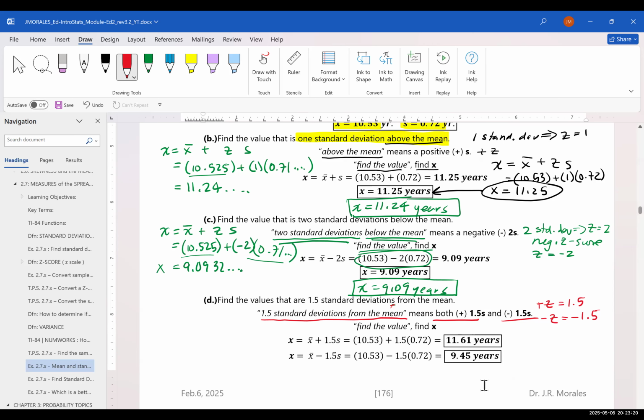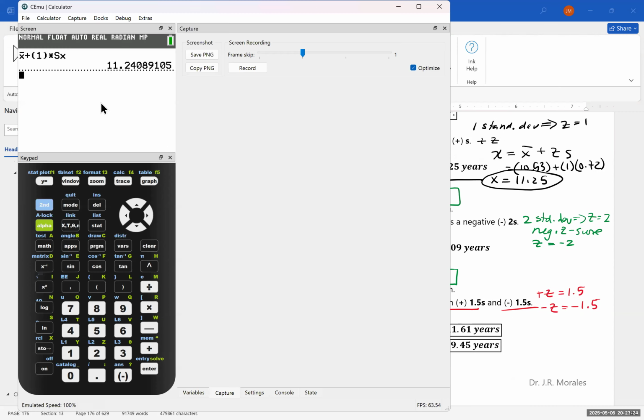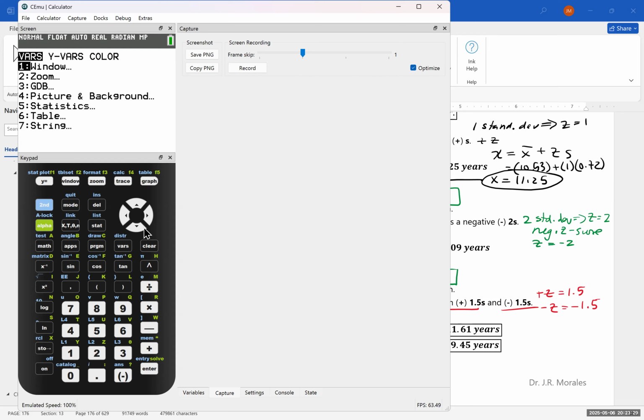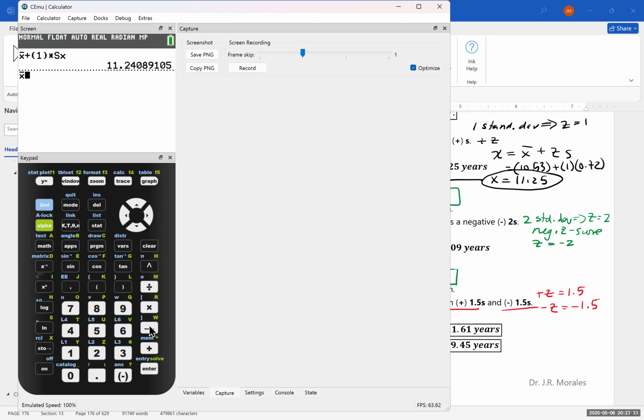Okay, so let's do those calculations, maybe on both calculators. So here we're going to have x bar minus, I'm sorry, plus, we'll make this a positive 1.5 times s, so variables, I'm going to hit 5, then I'm going to hit 3.